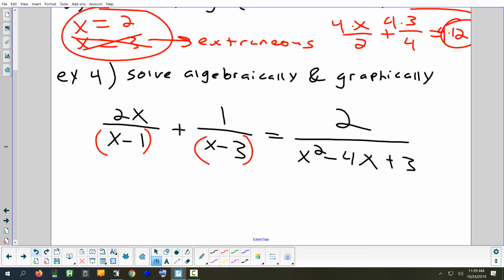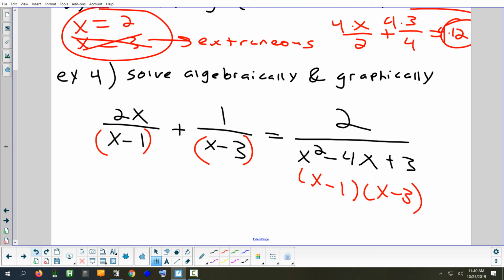So the LCD is the product of all the different factors in your problem. And remember, this is just this. Those are not different factors from the other two. Okay? So can somebody name to me all the different factors in the denominator?